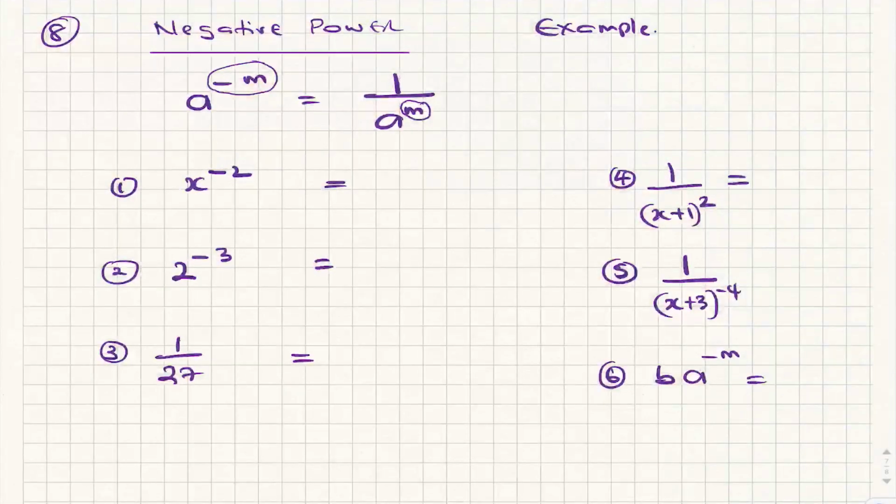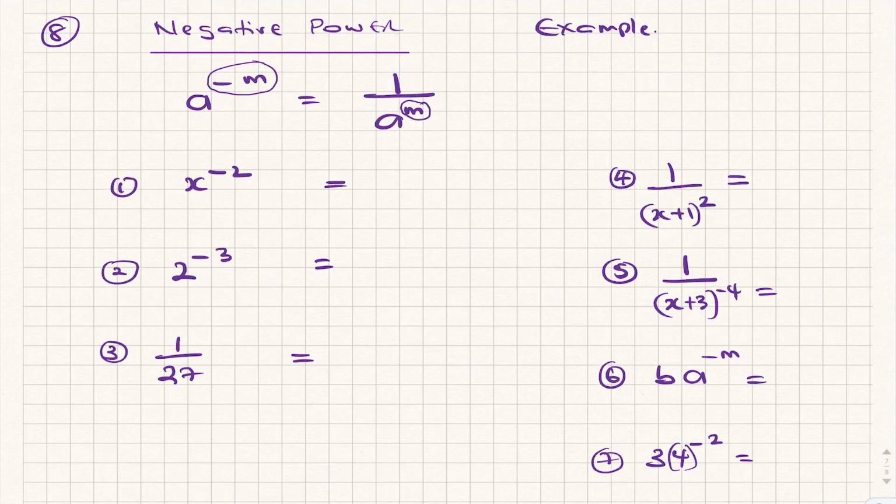How could we write that? And finally, number 7, 3 times 4 to the power minus 2. How could we write that one? So these are the questions. Have a go with these questions. Once you are happy with it and you've got your solution, check the solutions from these examples.